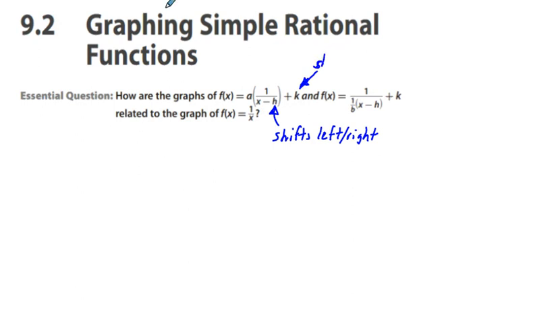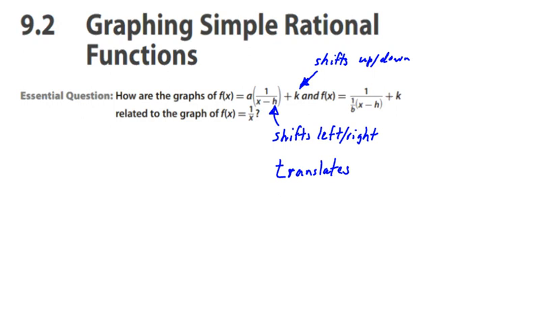I say shifts, and you could use that, but a more commonly used word than shifts is the word translates. So write down translates.